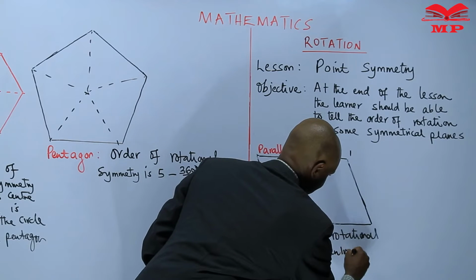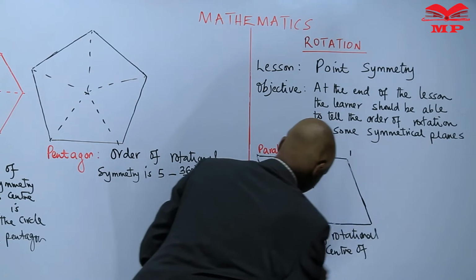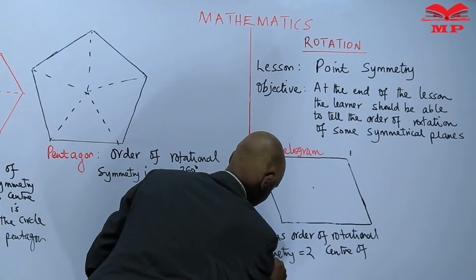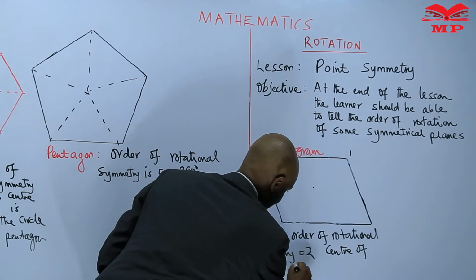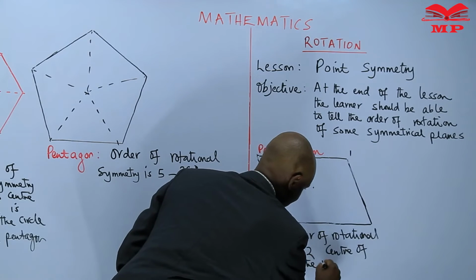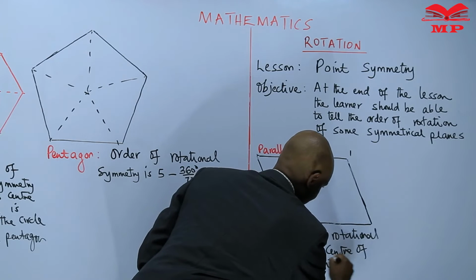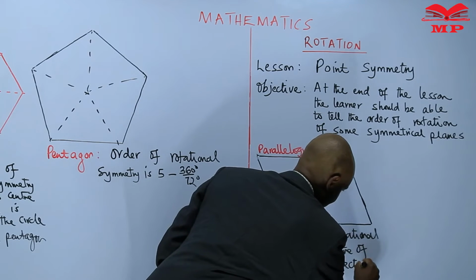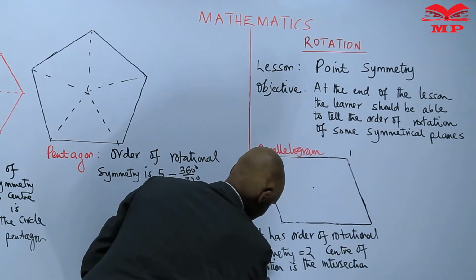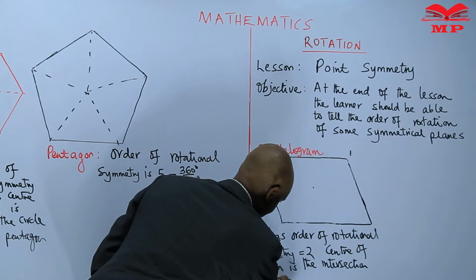Center of rotation is the intersection of diagonals.